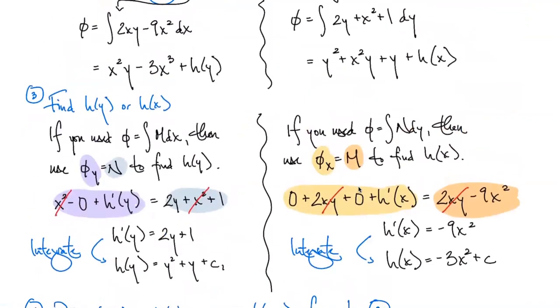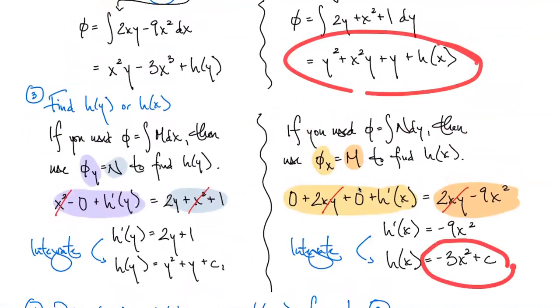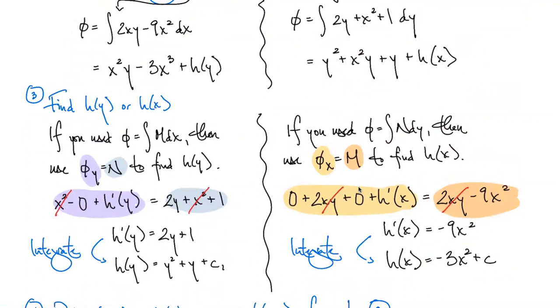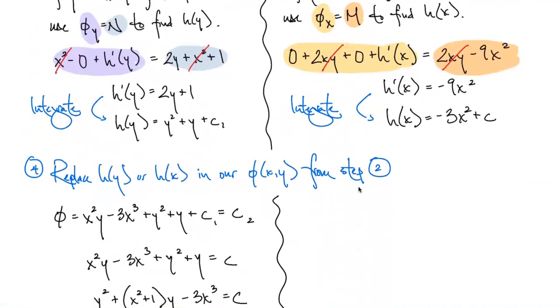All right, so we're gonna grab our phi from this side. We're gonna plug in our h of x at the end, and let's see what happens. And we'll end up with phi equals y squared plus x squared y plus y minus 3x squared plus, let's call this C1, equals C2.